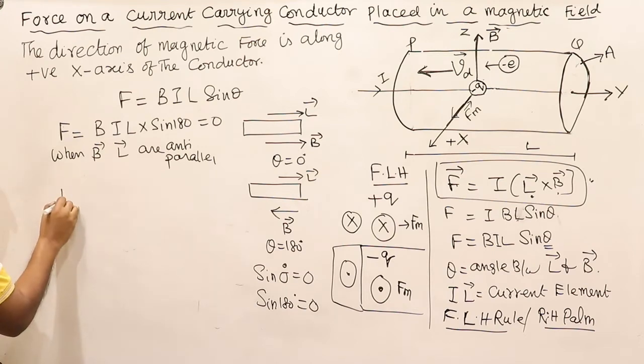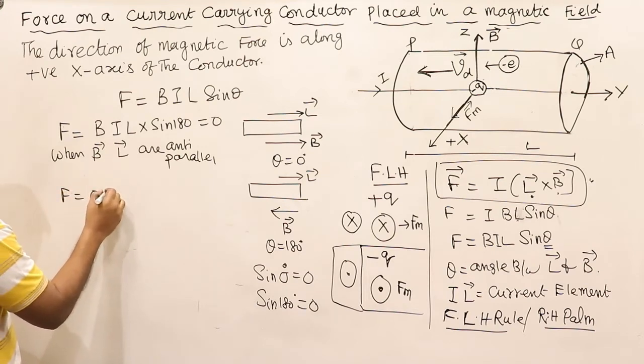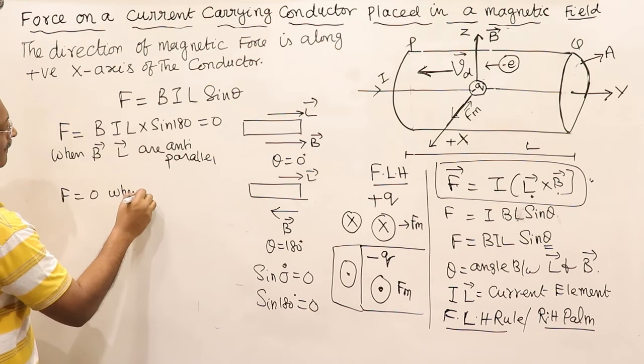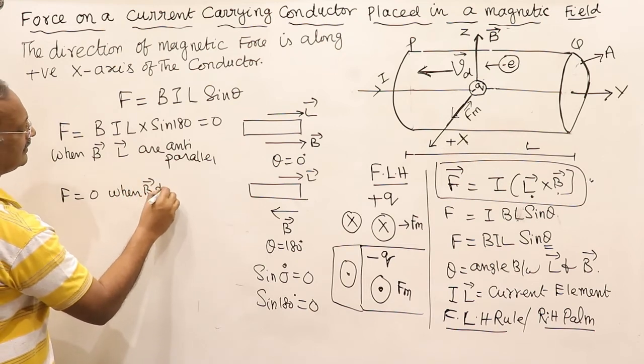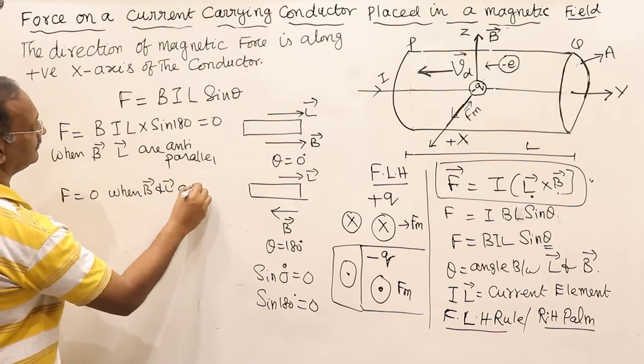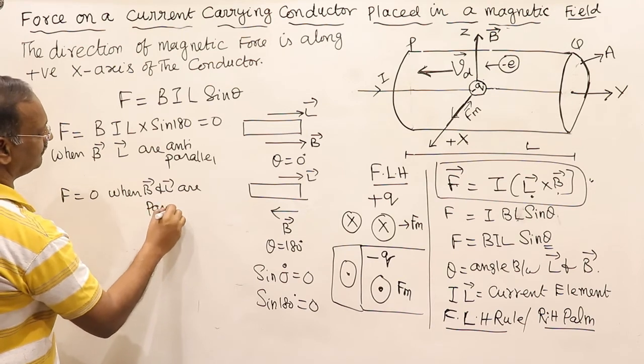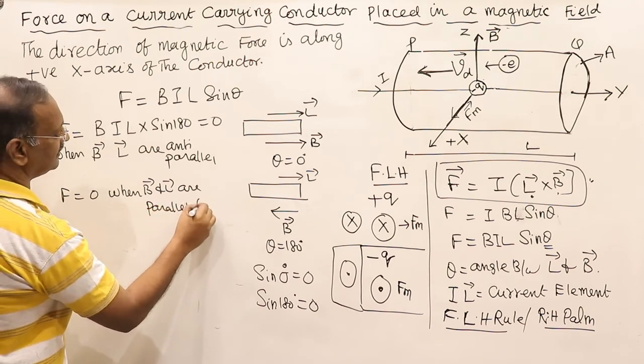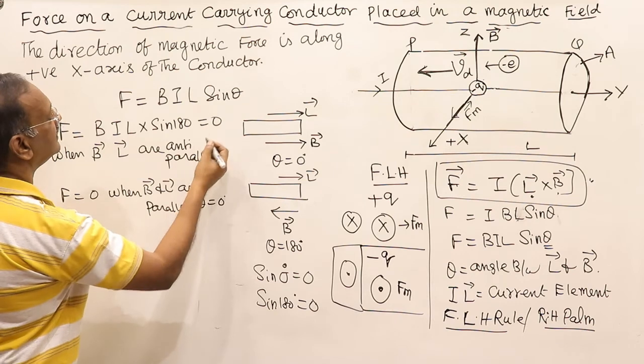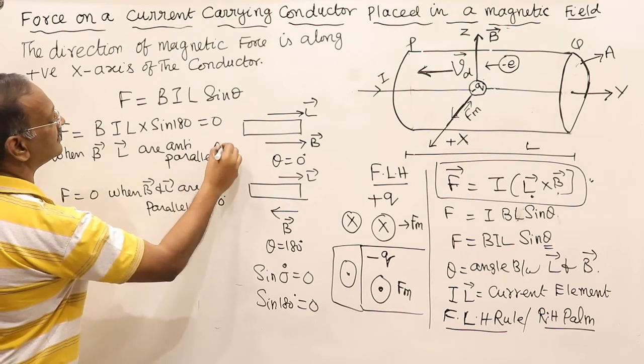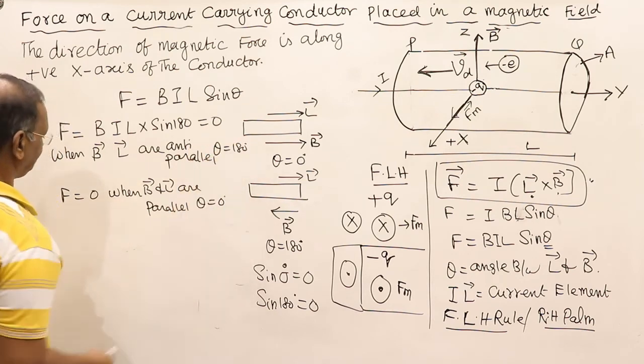First case, F is equal to 0 when B and L are parallel, that is theta is equal to 0 degree. Antiparallel means theta is equal to 180 degree.